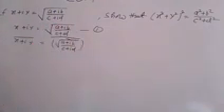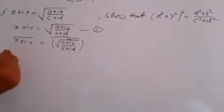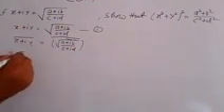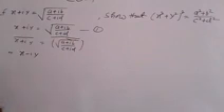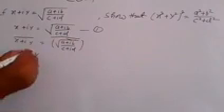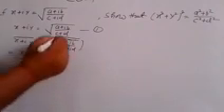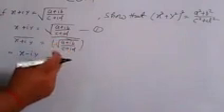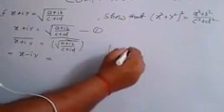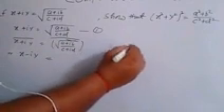The conjugate of x plus iy is x minus iy. Here you apply the same property again, that means the conjugate of z to the power n is equal to the conjugate of z whole power n.